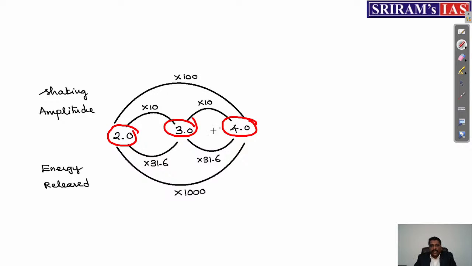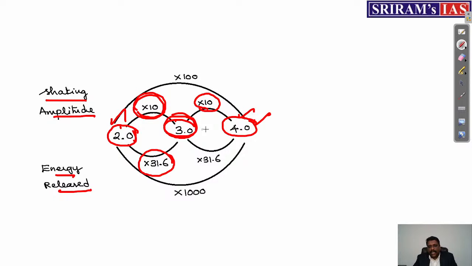On the face of it, it appears that 4.0 is twice as large as 2.0. But my dear friends, let me tell you, with every number that increases, shaking amplitude increases by 10 times and energy released increases by 31.6 times. It means 3.0 is at least 10 times bigger an earthquake than 2.0. 4.0 is at least 10 times bigger than 3.0.